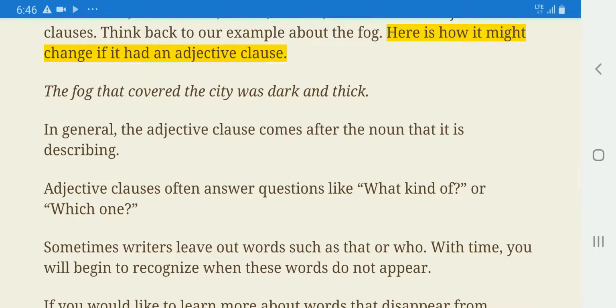Here is how it might change if it had an adjective clause. The fog that covered the city was dark and thick. In general, the adjective clause comes after the noun that it is describing. Adjective clauses often answer questions like, what kind of, or which one.